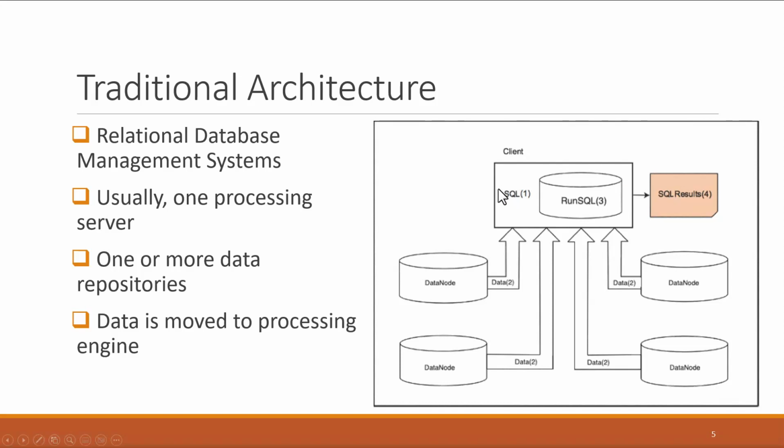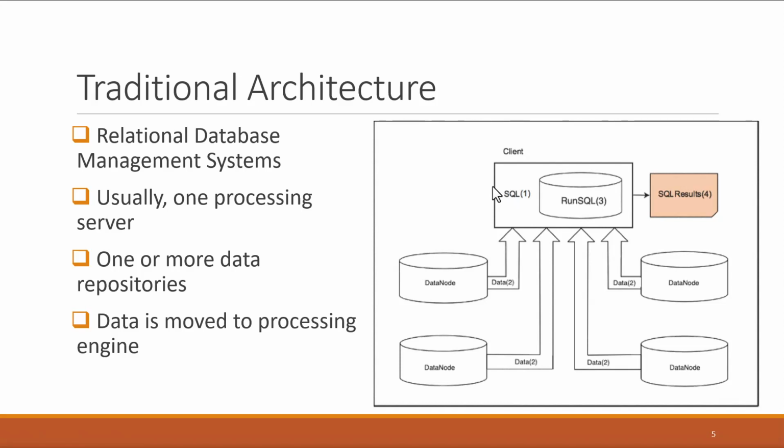Now, again, I did mention that we usually have one processing server, although it is possible to cluster those processing servers. So if we have more than one processing server, the idea is that these two servers are basically running in parallel, and then we're going to have some sort of network connection to establish a heartbeat between these two servers. And one or the other is going to be handling the processing, but it also makes sure that the other server is aware of what's going on and so forth.